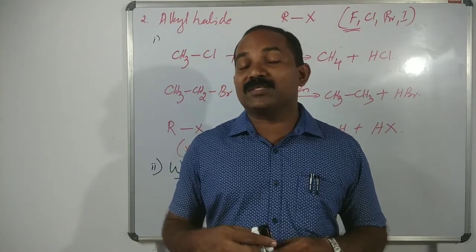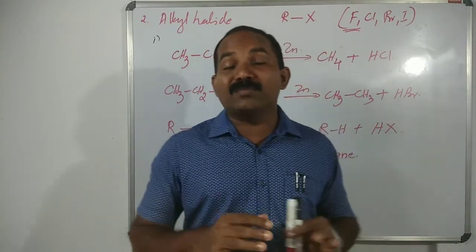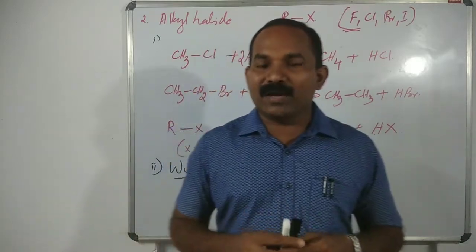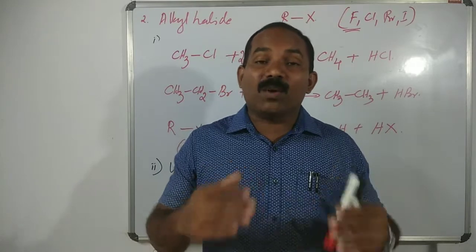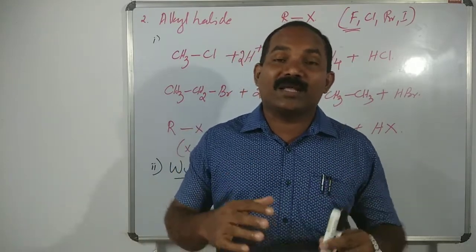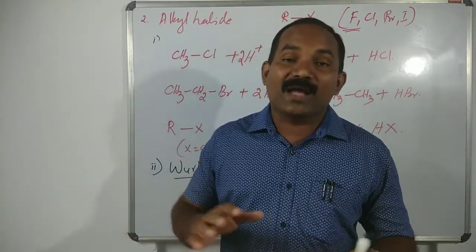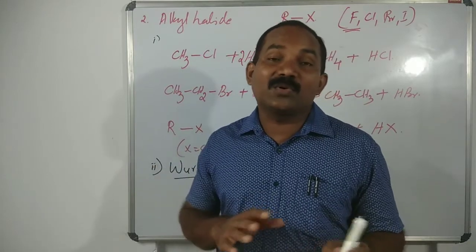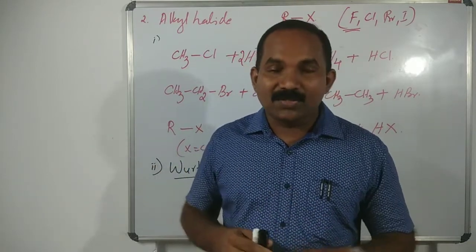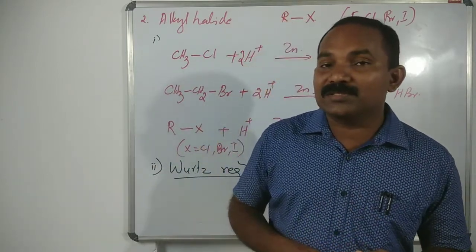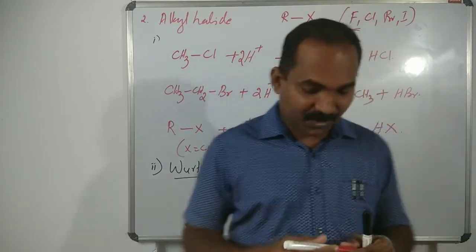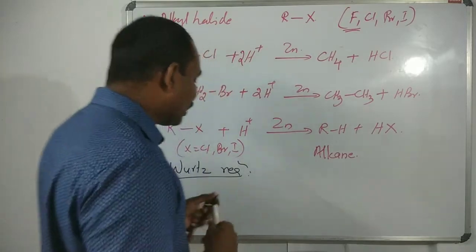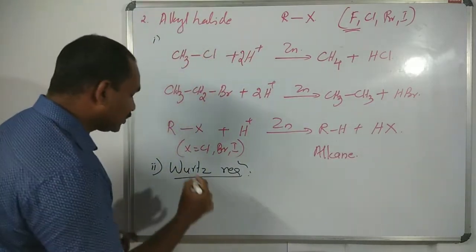Remember that here the medium should be dry. Otherwise, if there is moisture or any water content, the water reacts with the sodium and the reaction goes another way. So the reaction must be conducted in an inert medium, and that is why we take dry ether as the inert medium.